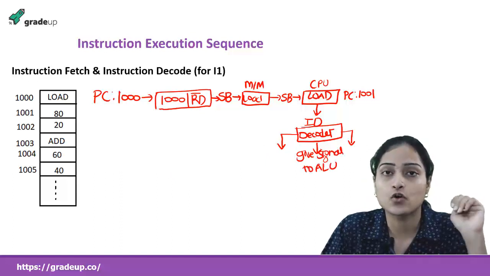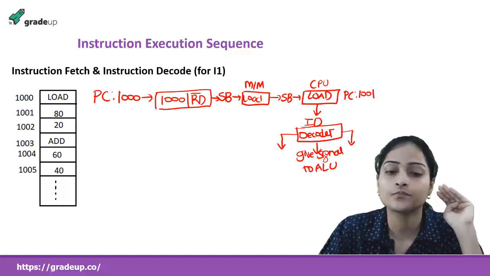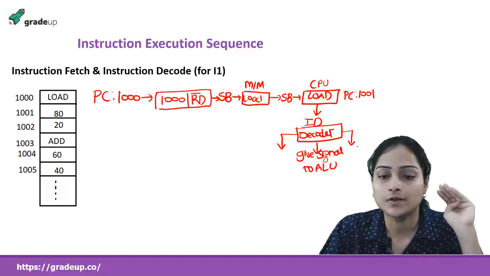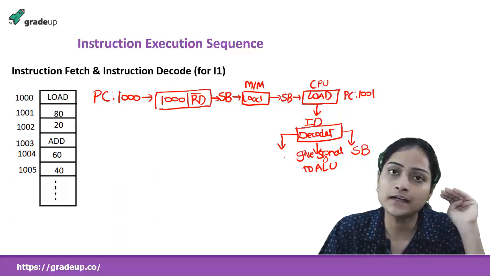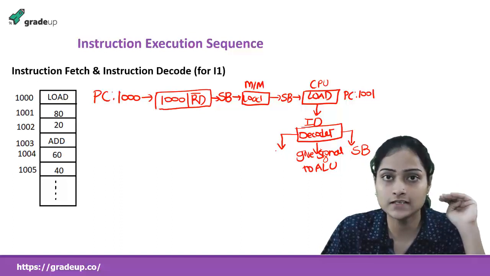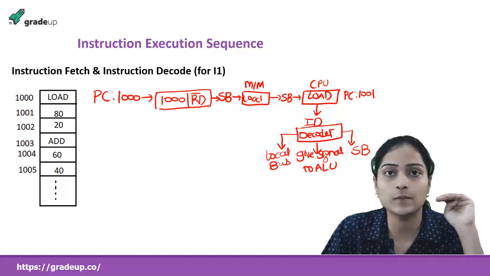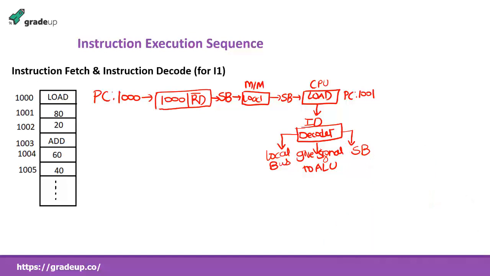If this decoder gets any instruction which requires any ALU operation, then it will give signal to ALU. If it requires some data transfer operation, it will give signal to system bus. If it requires some internal communication within the CPU, it will give signal to local bus which is connected with my CPU. So these are the 3 signals this particular instruction decoder is going to generate.